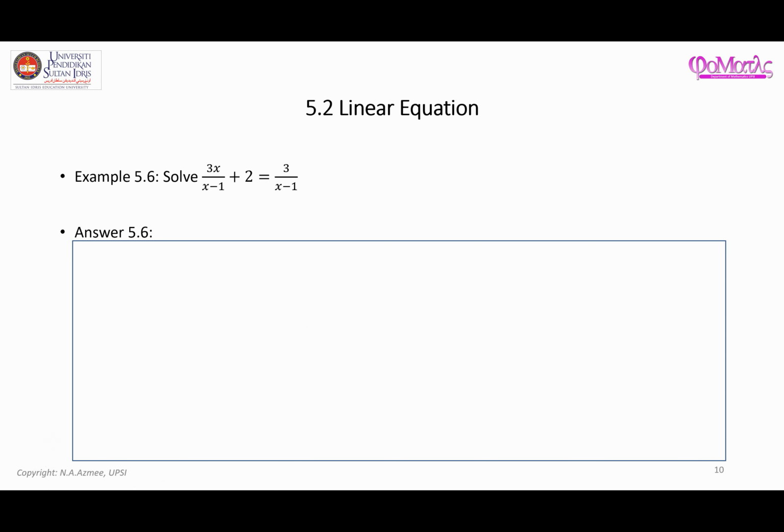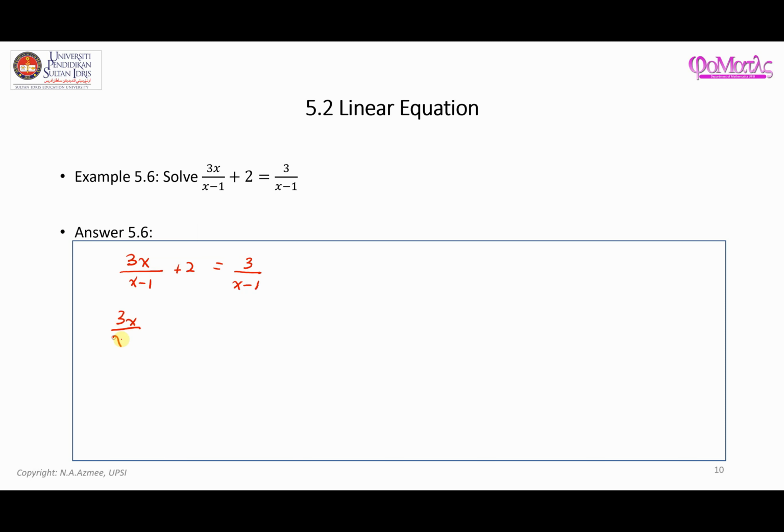Okay, so we're going to solve for x. At one glance, what you can do is consider that here we have 3x/(x - 1) + 2 equal to 3/(x - 1). Later on, I'm going to put all the x on the left-hand side.